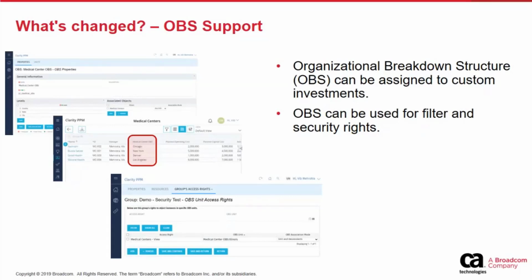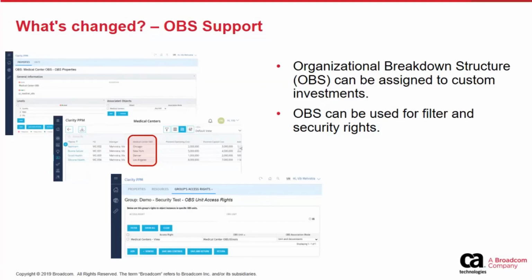And once added, you will see the OBS field available to your object attribute. In order for that OBS to be available to the modern UX, you have to ensure that the API alias key is populated. Otherwise, you will not see that OBS attribute in the modern UX.